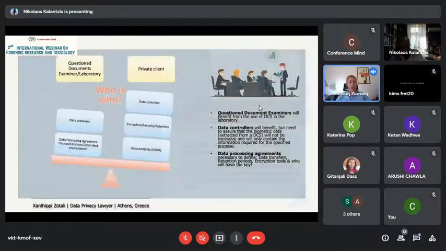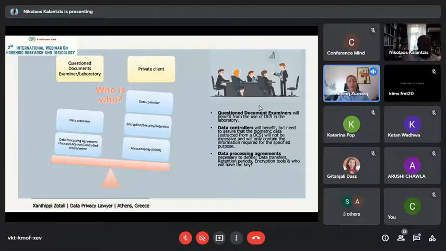So moving on, let's see who is the data controller and who is the data processor. The question documents examiner or the laboratory and a private client. Let's just take an example for better understanding.